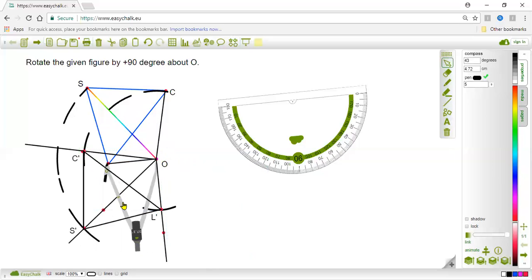First of all let's measure and let's rotate from L to L dash. This path should be a dotted path. Here just connecting. And this dotted arc represents the path of the rotation, and this point O is just the center point for the rotation, the center of the rotation.